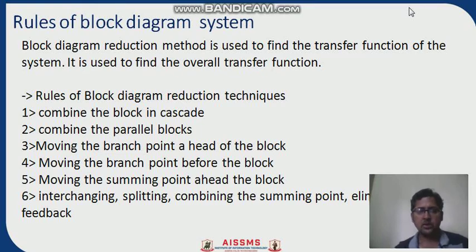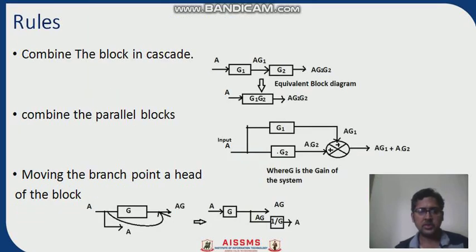Depending on the requirement, we use different rules to reduce the block diagram system.